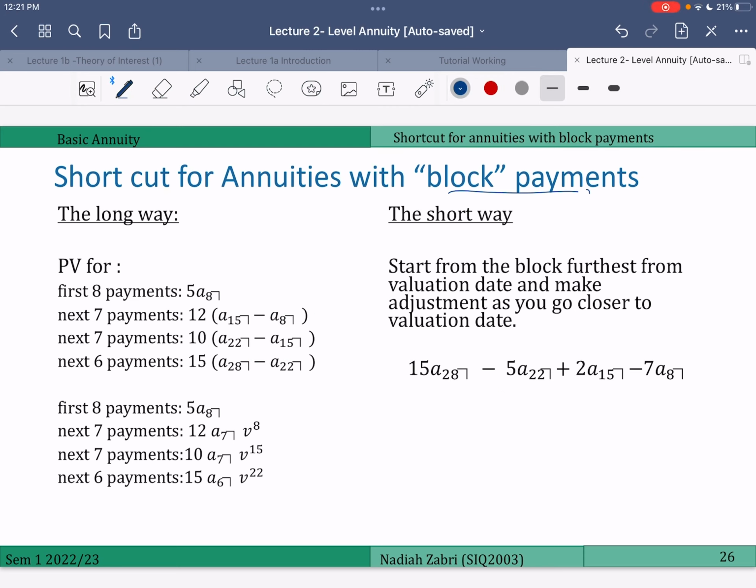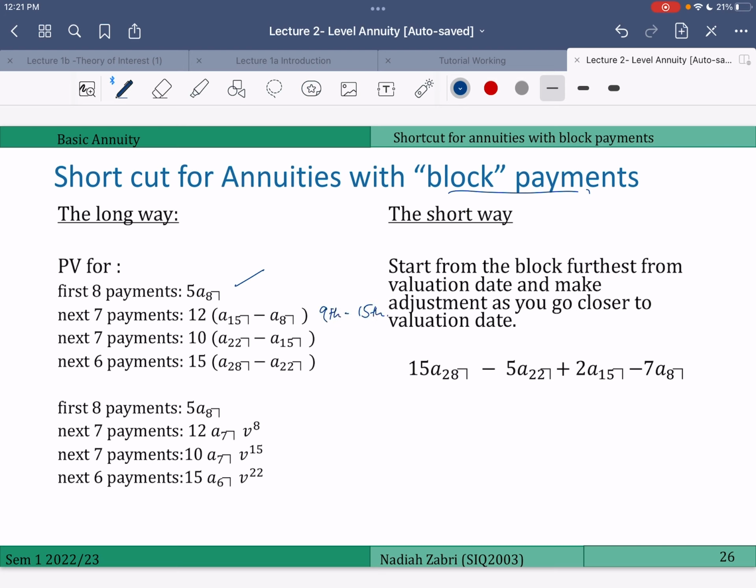Okay, let's look at another perspective of solving this, but this is still a long way. So for the first 8 payments, you just do normally 5 times A angle 8, but the next 7 payments will go from the 9th payment to the 15th payment.